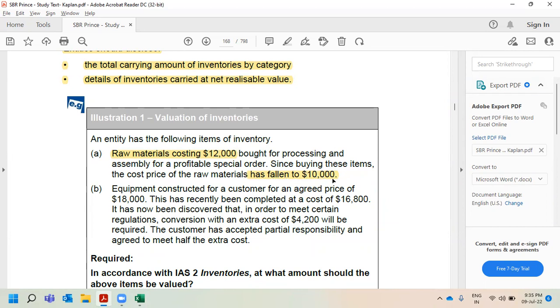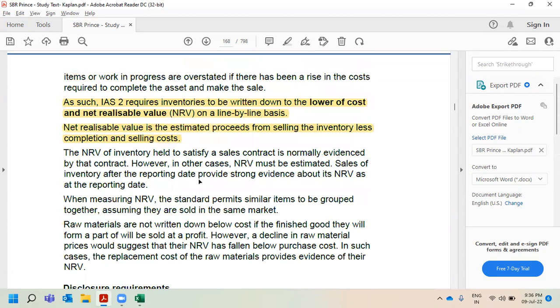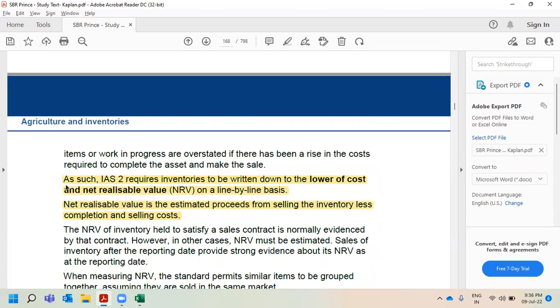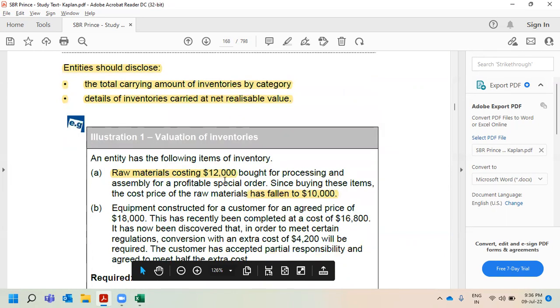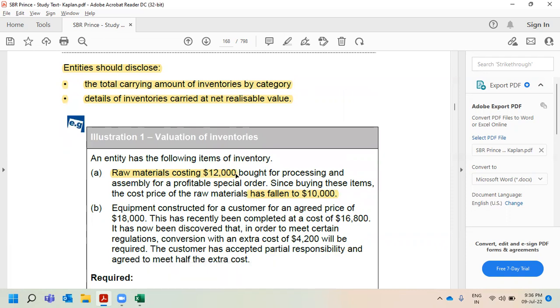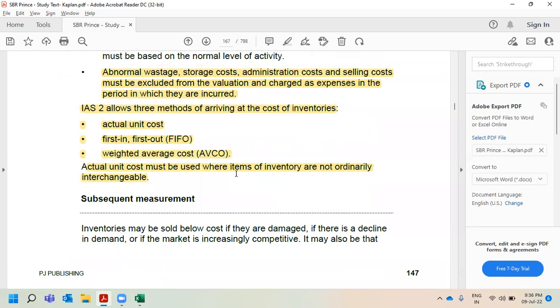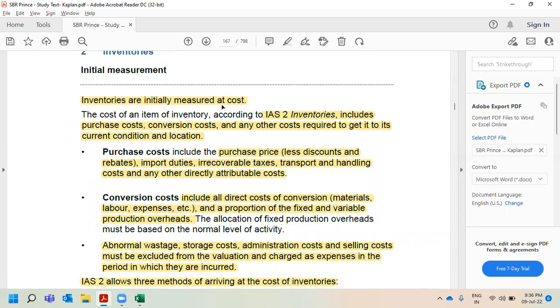So when I'm valuing this inventory, we have to think about the subsequent measurement. We initially purchased it at 12,000, and when recording it in our books of account, we record it at 12,000, because inventories are initially measured at cost.